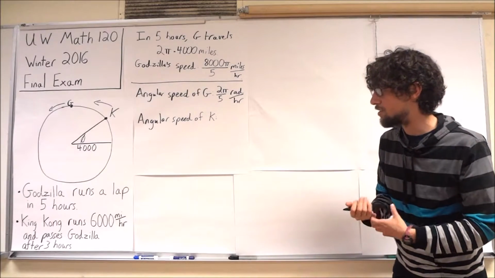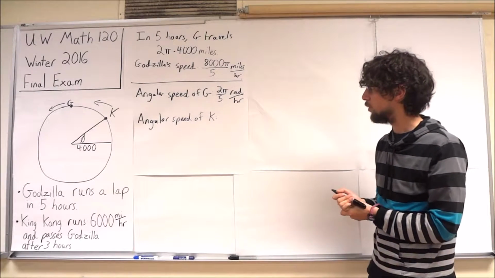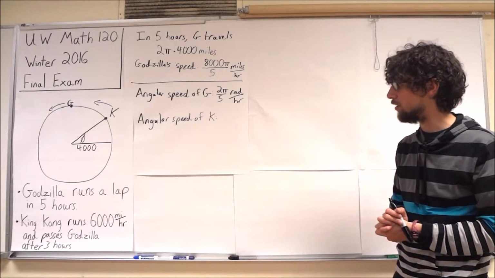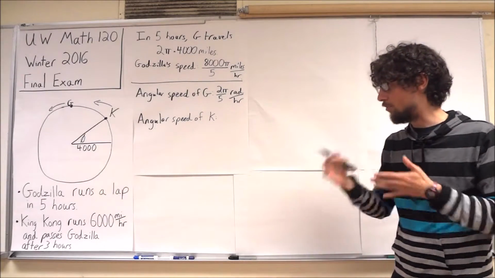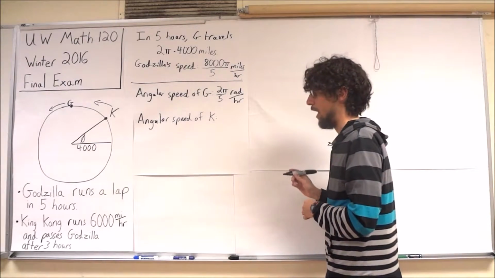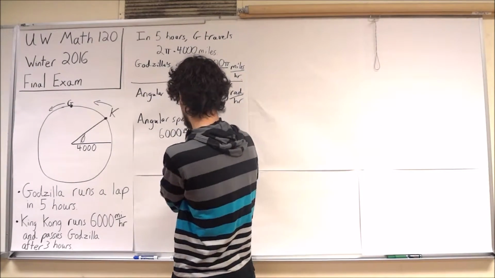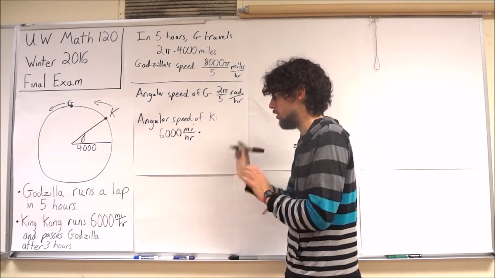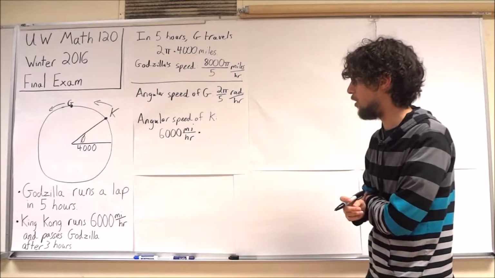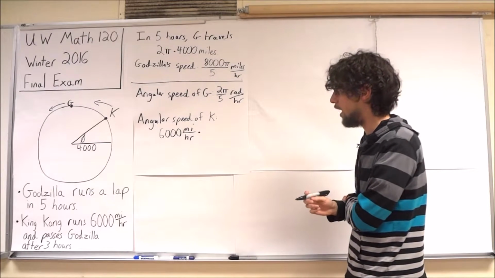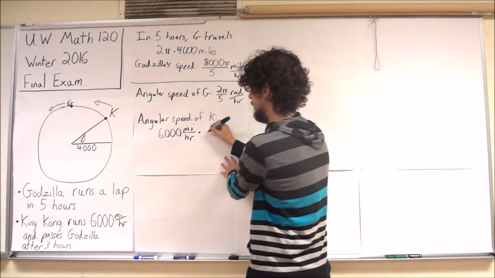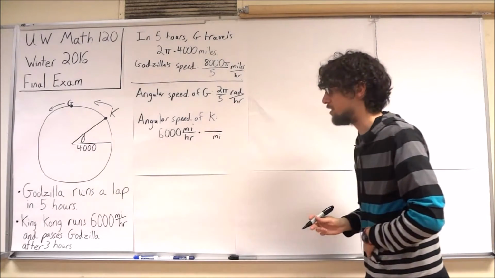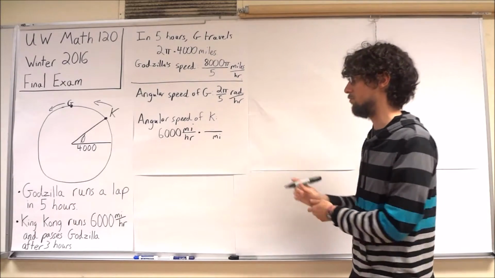King Kong runs 6,000 miles per hour. Circumference here is 8,000 pi. Well, let me just multiply by the conversion factor here. I'll start with the linear speed of King Kong, which is 6,000 miles per hour. And now what I want to do here is get rid of these miles and replace them with a radian measure.